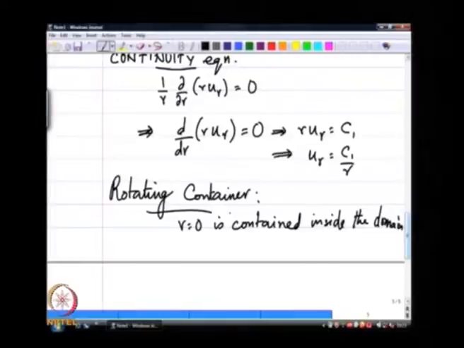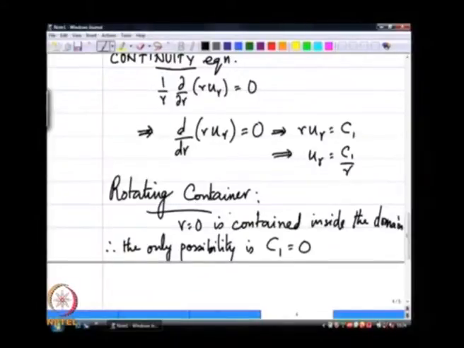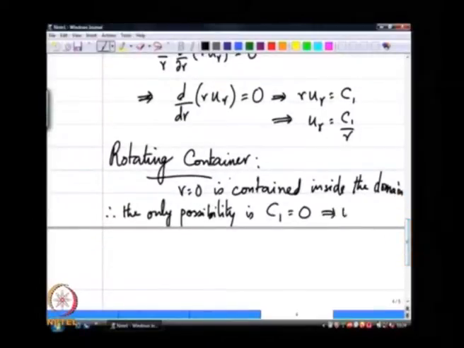So, the only admissible solution is C 1 equal to 0, which also implies that u r is identically 0 everywhere.